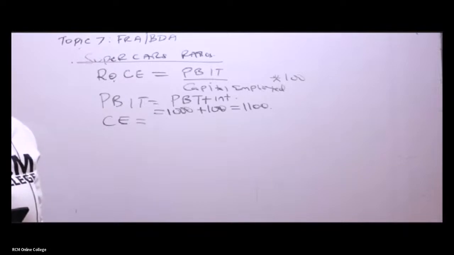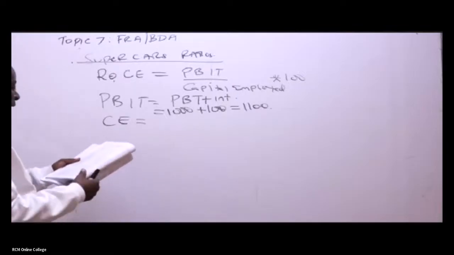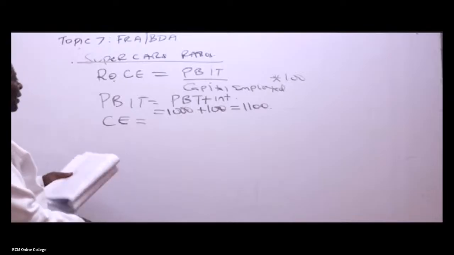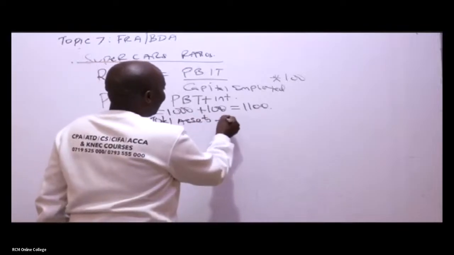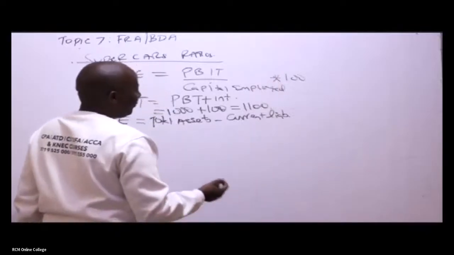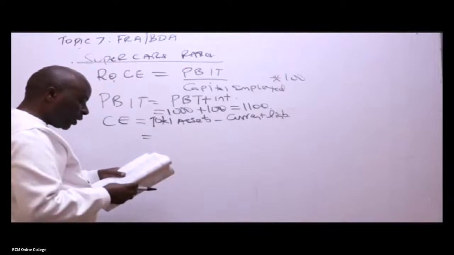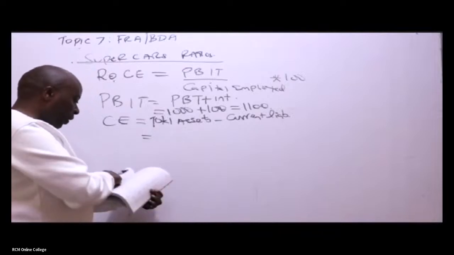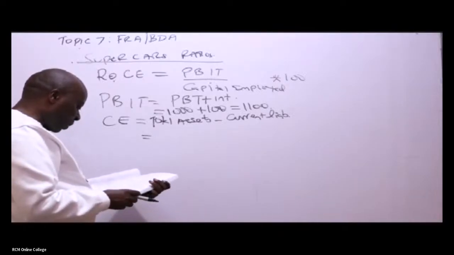Great. So are they able to get these figures? Let's see. So capital employed. How do we get this capital employed? It's very easy. It is total assets minus current liabilities. So what do we have there for total assets? Are you able to see the total assets, ladies and gentlemen, for Supercars?